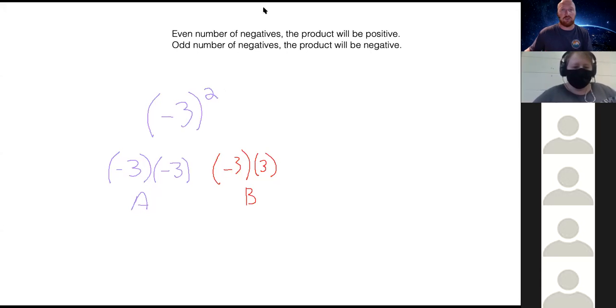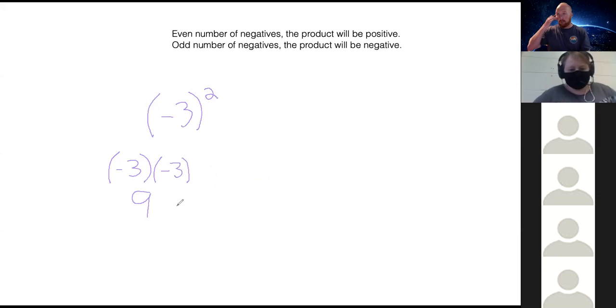So the correct answer for here would actually be A. This is telling me I want -3 times itself. So I want -3 times -3. So if we take -3 times -3, we would get a +9.